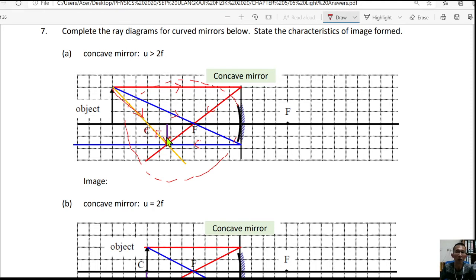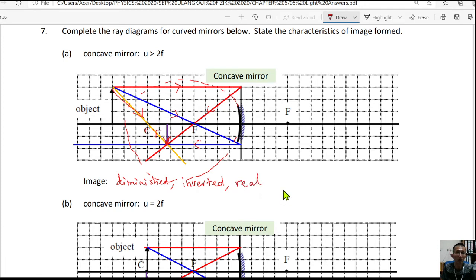So the image would be here. This image, as you can see from the drawing, is diminished, smaller, and I can also see that it is inverted, or upside down, and it is real.